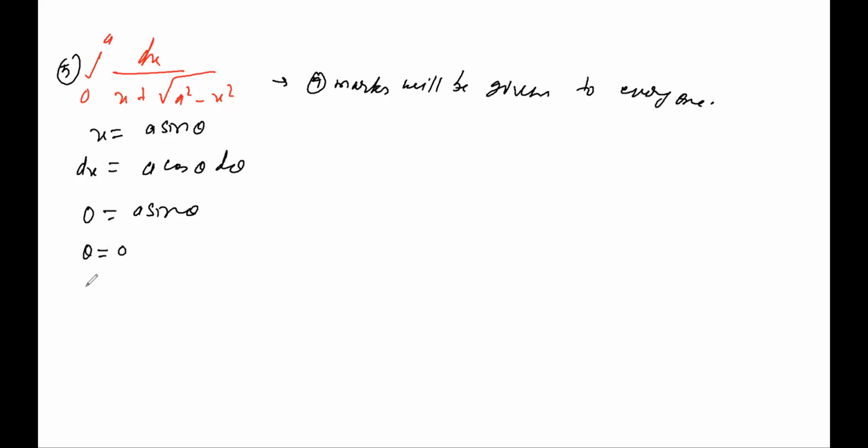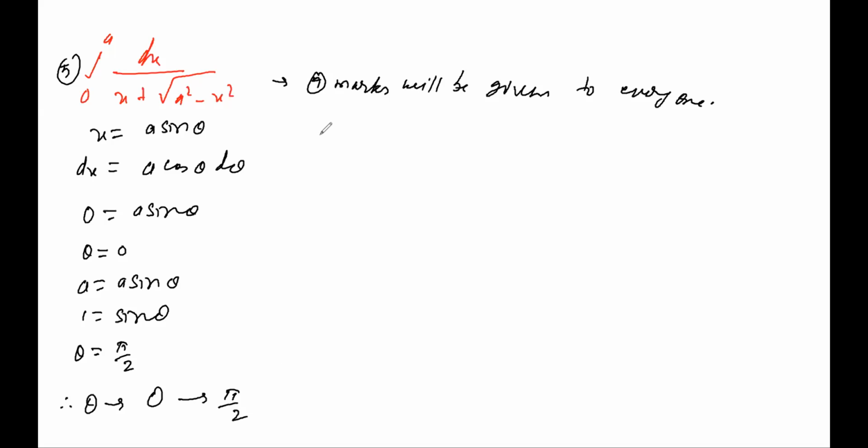Now a equals a sine theta, therefore 1 equals sine theta. Sine theta is 1 at pi by 2, so theta equals pi by 2. Therefore theta goes from 0 to pi by 2.